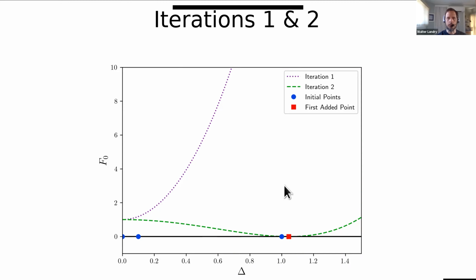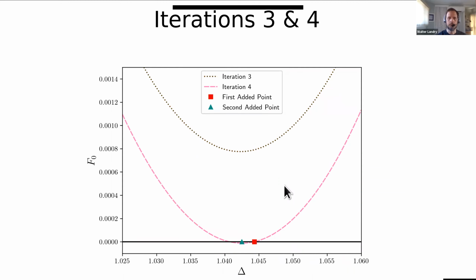Then let's see what happens in the next iteration. So it computes a solution, and it's positive everywhere, but it's not optimal. It can't find any negative points, and so it reduces the gap again. And then it finds this solution, and then it says, oh, well, actually, this is negative, so it adds a point right here.